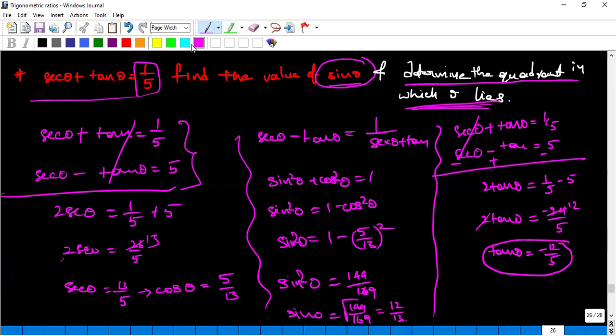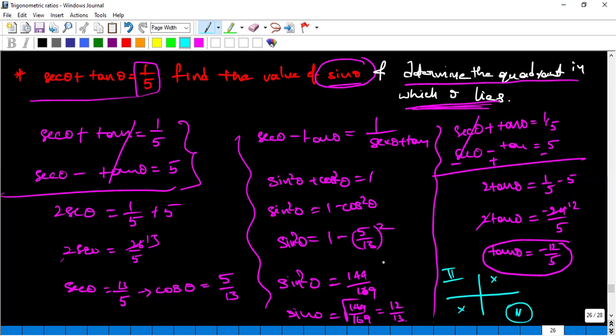If you take the xy plane axis, we know that tan is positive in this and tan is positive in this. Where tan is negative? Tan is negative here in quadrant 2. In quadrant 4, tan is negative. But which one is exactly that theta belongs to? I wanted to find out now.